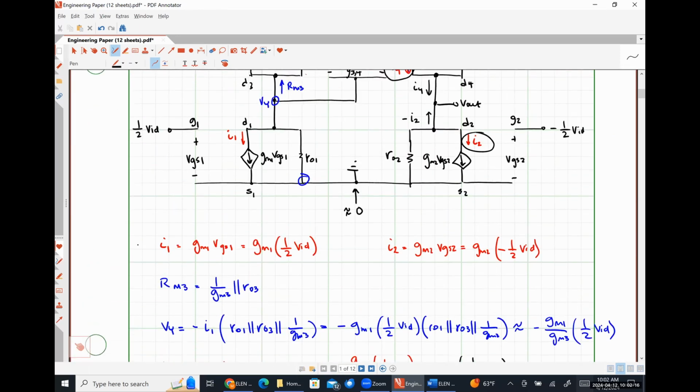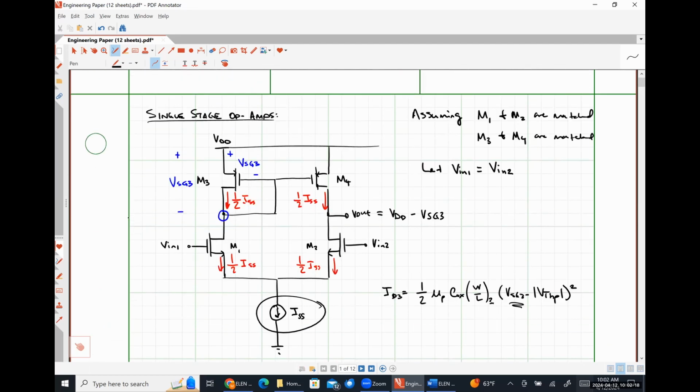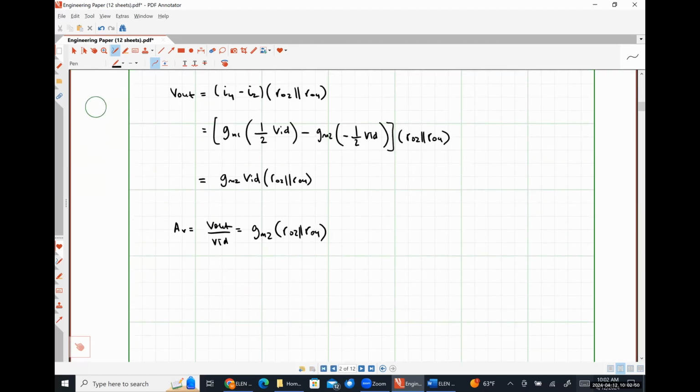How does that compare to this circuit if we put some bias voltage on those gates as opposed to using that diode connection? So let's put this in our pocket.